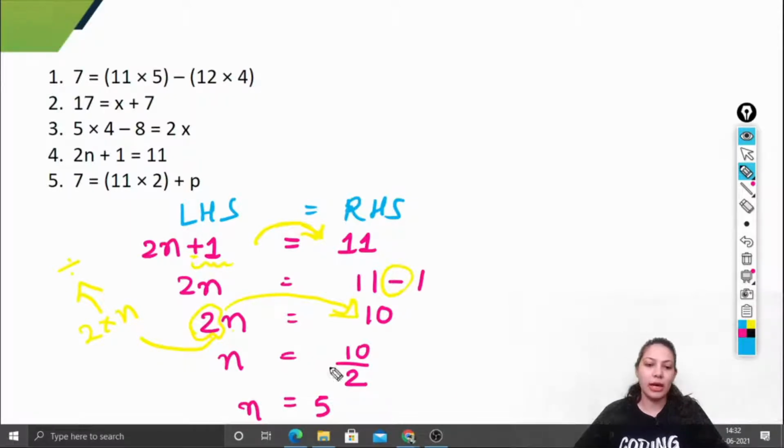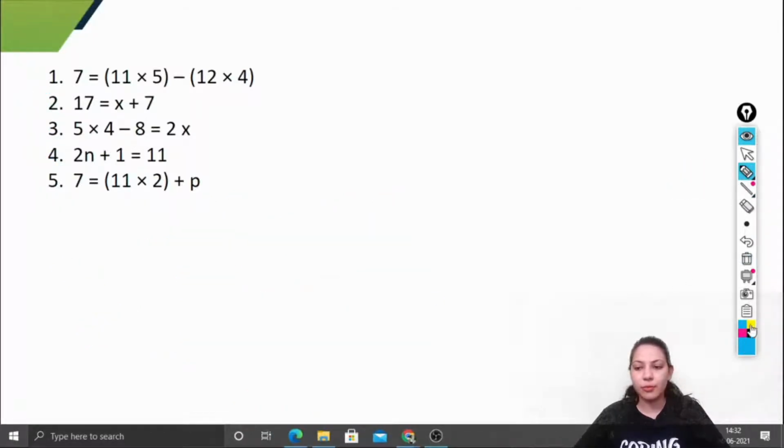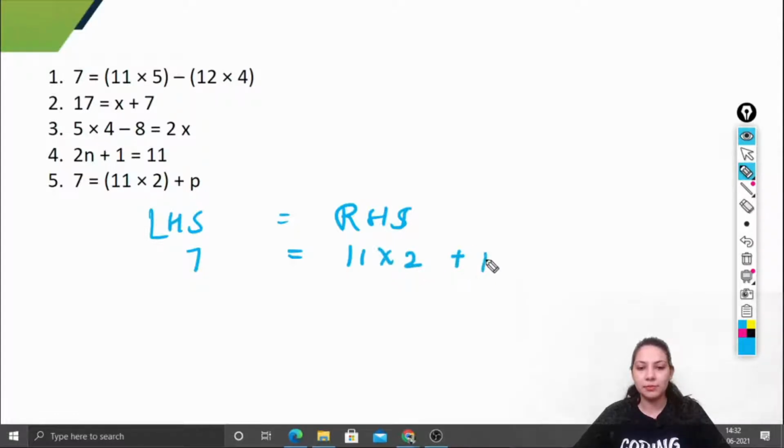So this will be the solution of our equation, or we can say the value of our n. Okay, now let me erase this. Let us move to the other question. Again we are given LHS as 7 and we are given RHS as 11 into 2 plus p.